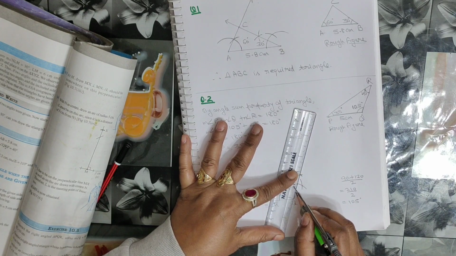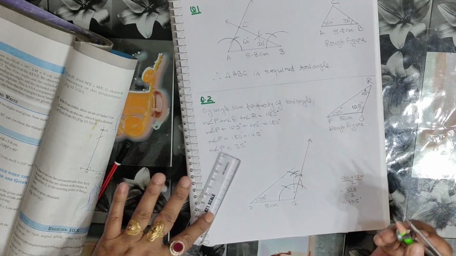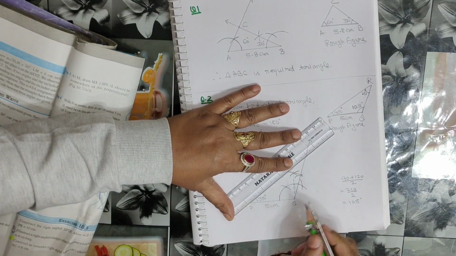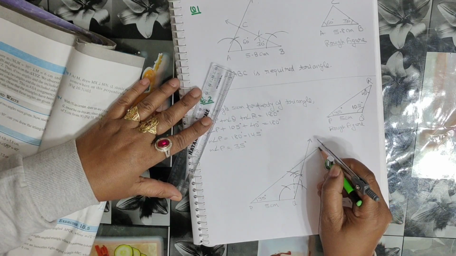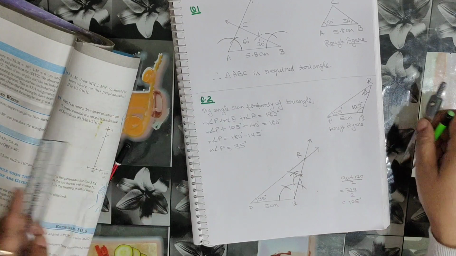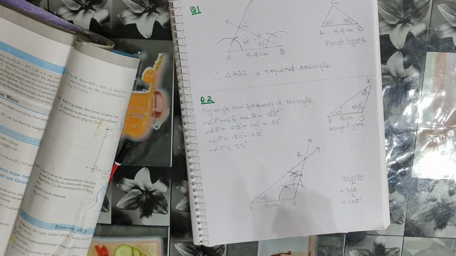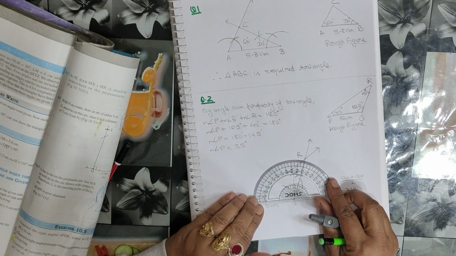I will extend this ray, putting this arrow, and the first ray I will also produce so that both the rays will meet each other at point R. So students, I will check with the help of protractor whether my 105 degree is coming correctly or not.